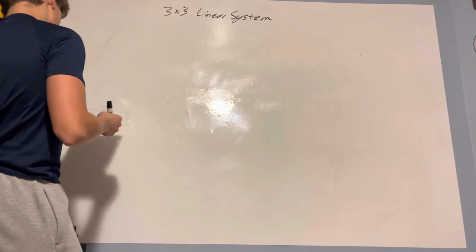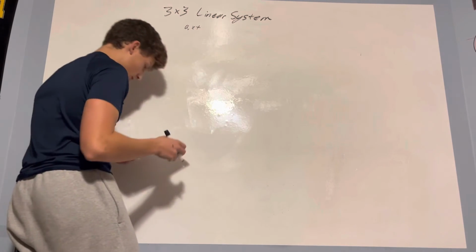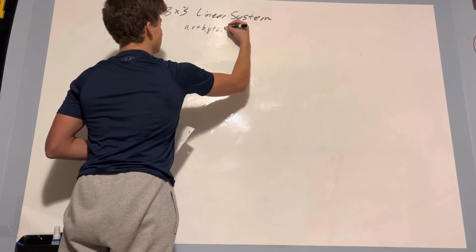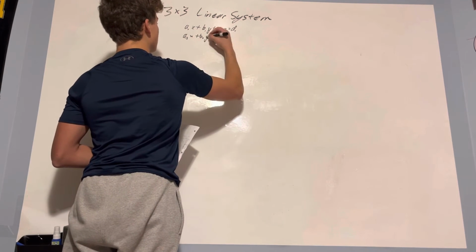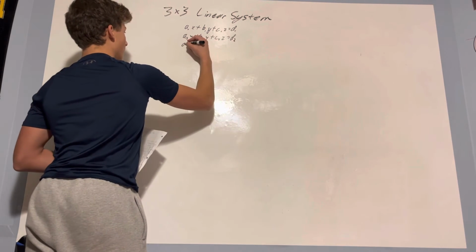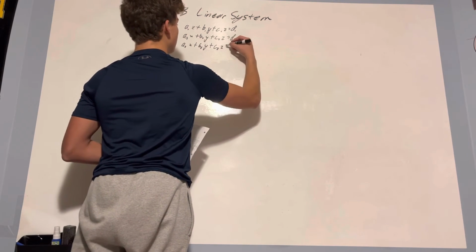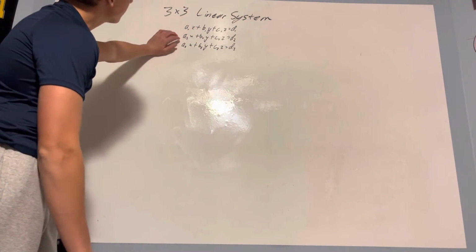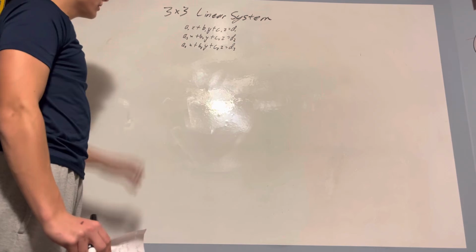Once again, we'll do the general case: a1x plus b1y plus c1z is d1, a2x plus b2y plus c2z is d2, a3x plus b3y plus c3z is d3. So this is a system of three different planes. We have an equation of one plane here, an equation of another plane here, and an equation of a third plane there.